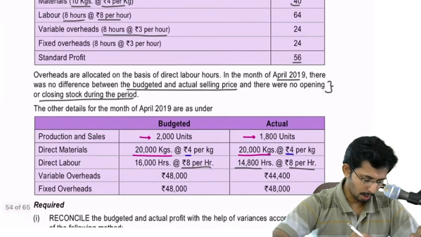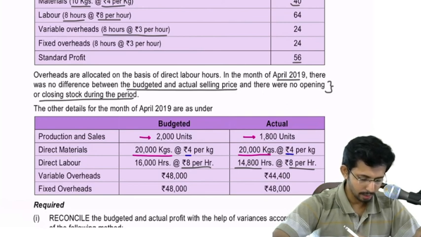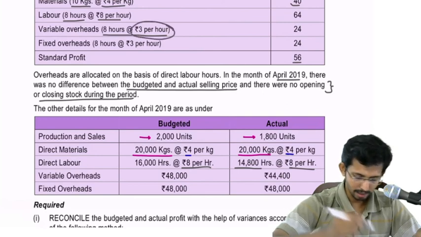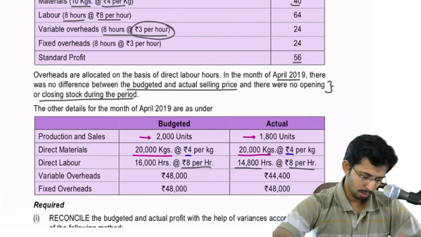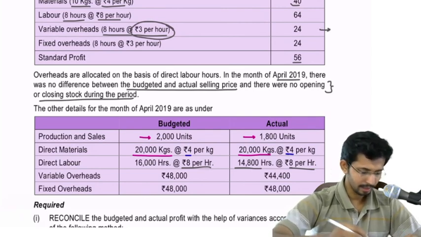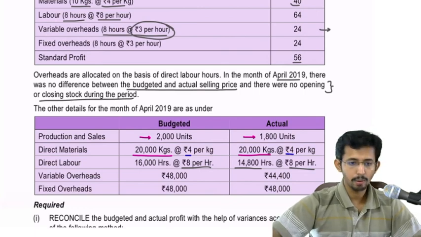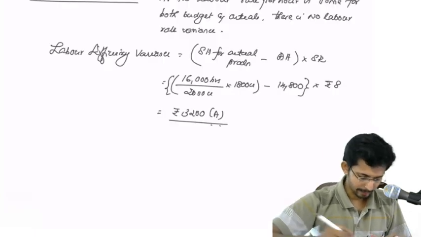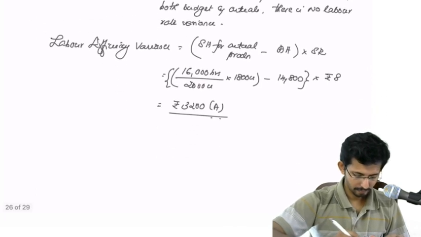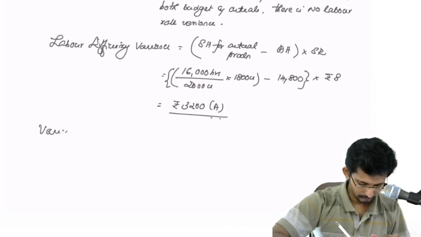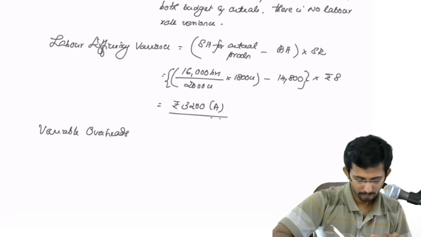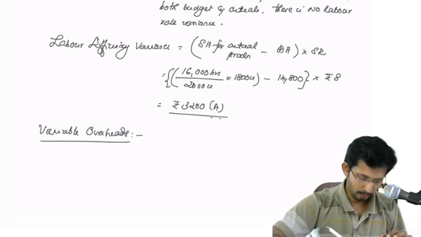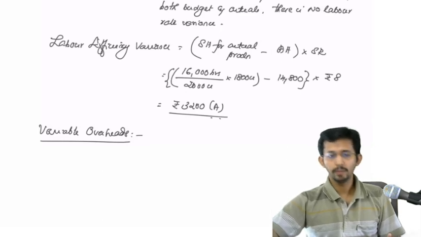So variable overhead is absorbed on the basis of labor hours. That is, for each labor hour consumed, the standard rate is 3 per hour. Now if you go by that, how many you could have computed? You can do that, no? Okay, so we will write that. Variable overheads.